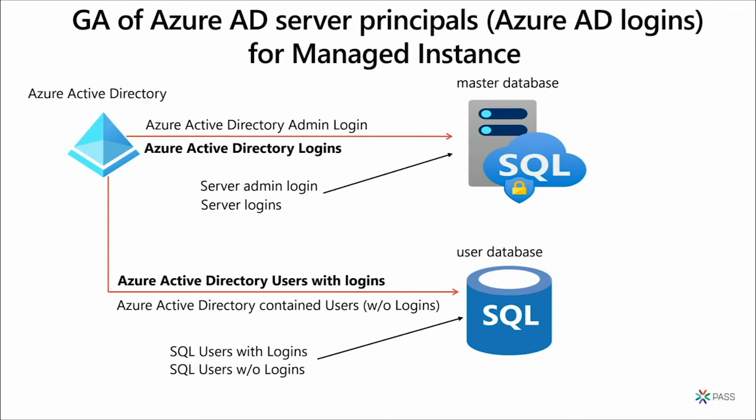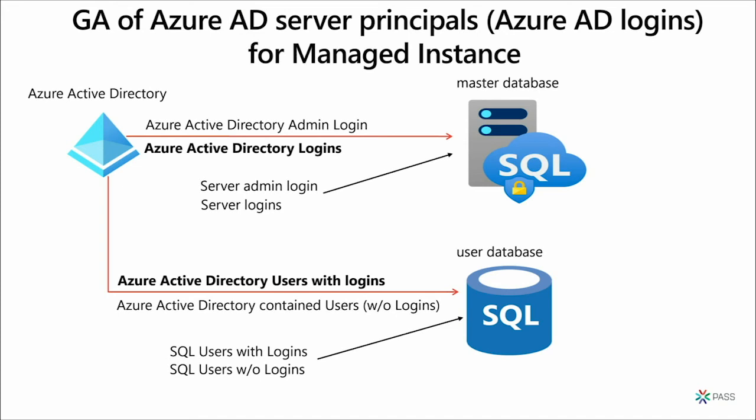So let's recap what we have today for managed instance. We allow managed instance to create Azure Active Directory logins. And these logins are regular logins in the master DB for Azure Active Directory users. Why do we need logins? Because that's the way you get full control over the entire instance.